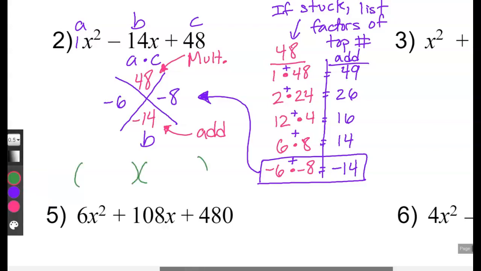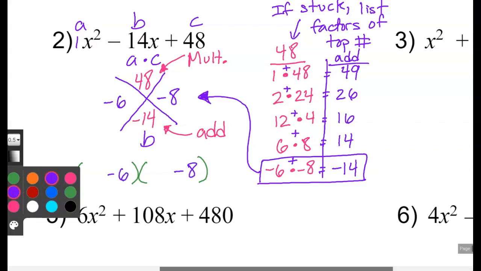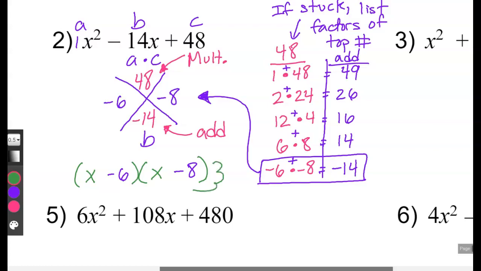What goes into both of them? Right, that's what we're going to end with, is that negative 6 and negative 8 we found in our big X. What goes in front of the negative 6 and in front of the negative 8? X's. So my factors are parenthesis x minus 6, end parenthesis, parenthesis x minus 8, end parenthesis. And I'm done.